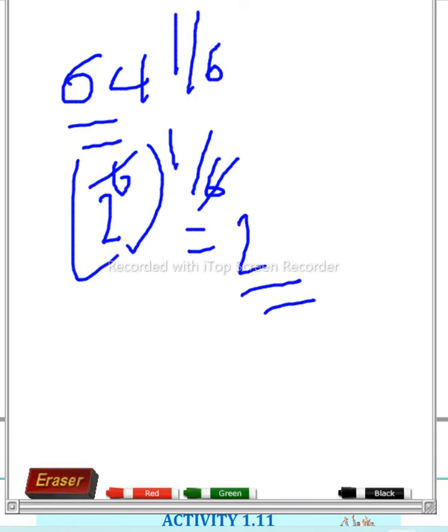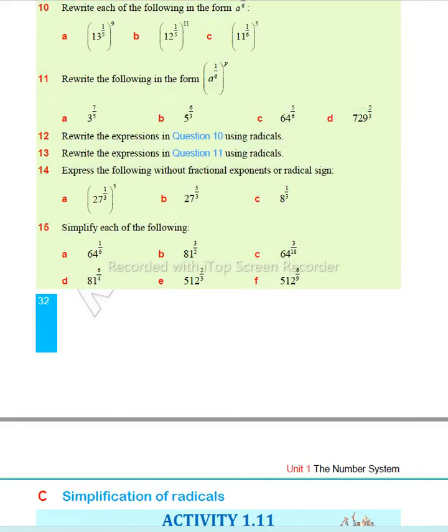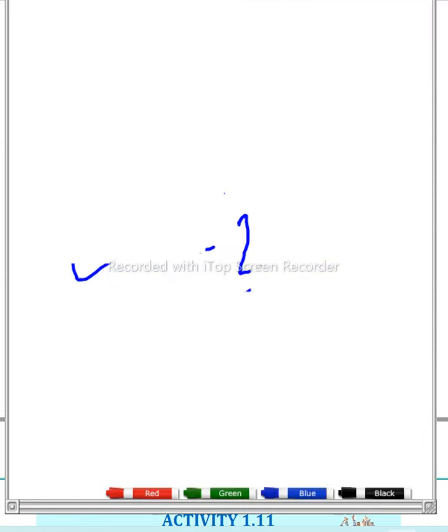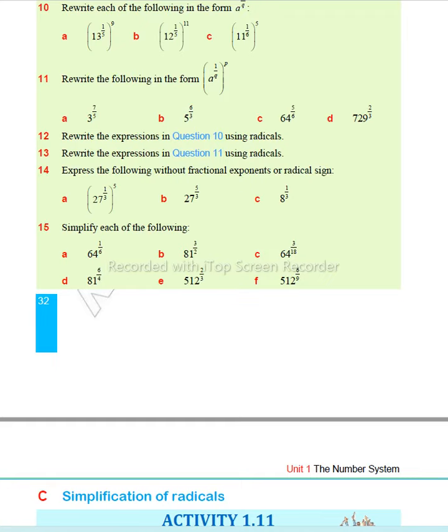So the next question is C. 64 to the power of 3 over 18.